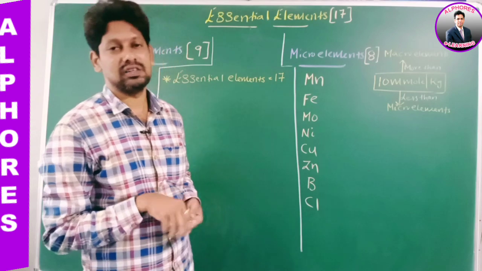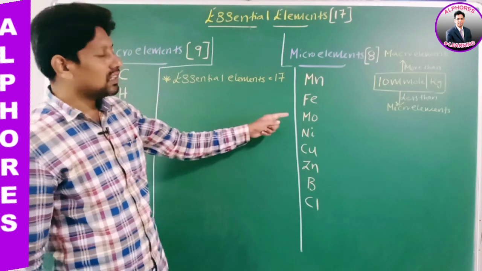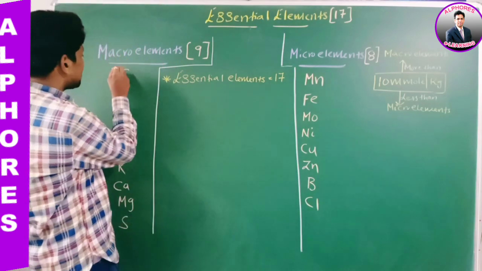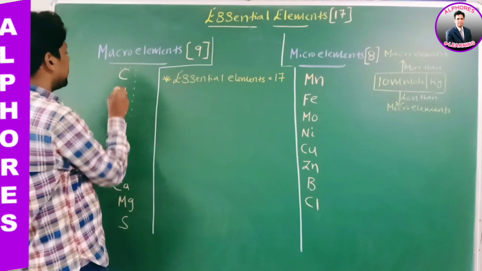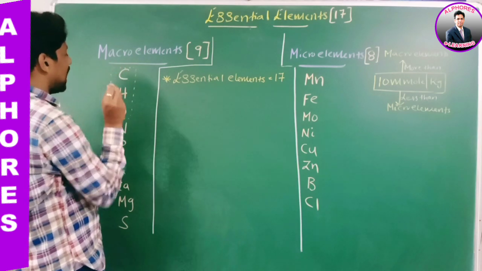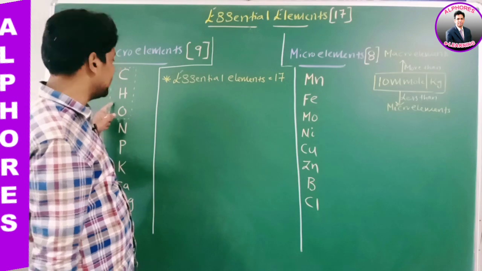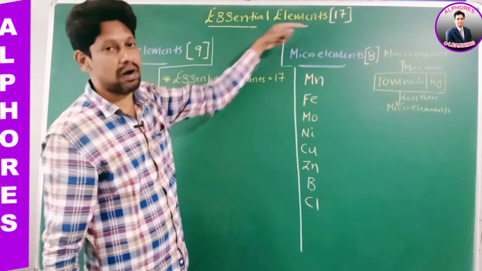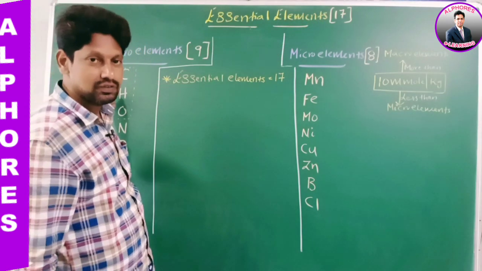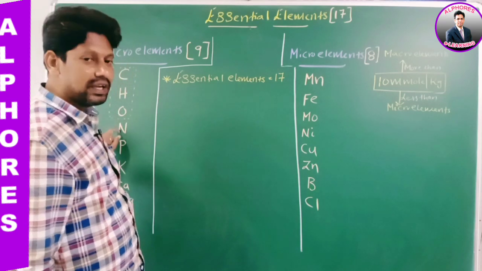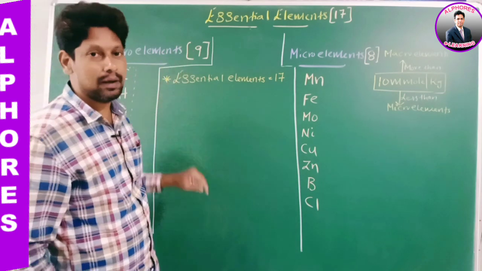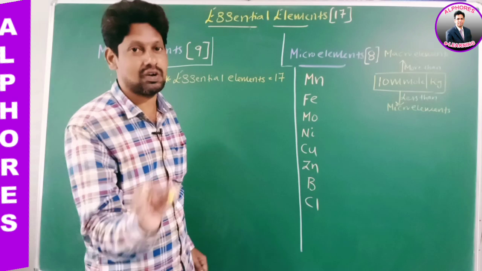Now listen here. In these 17 essential elements, except carbon, hydrogen and oxygen, how many remain? 17 minus 3 is 14. The remaining 14 essential elements are absorbed by the plant from the soil.